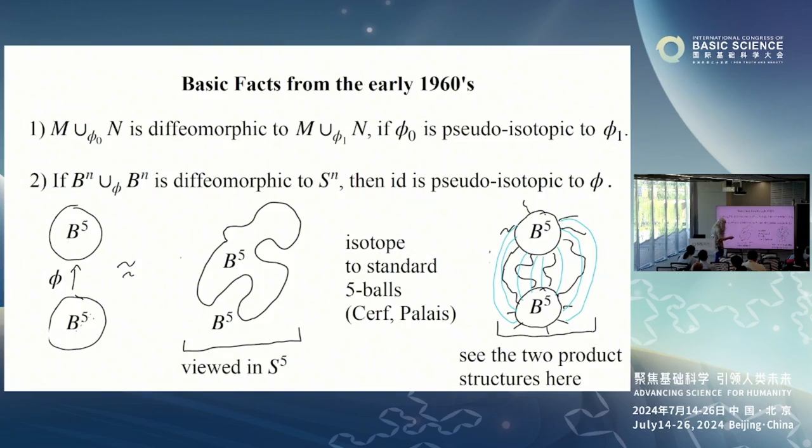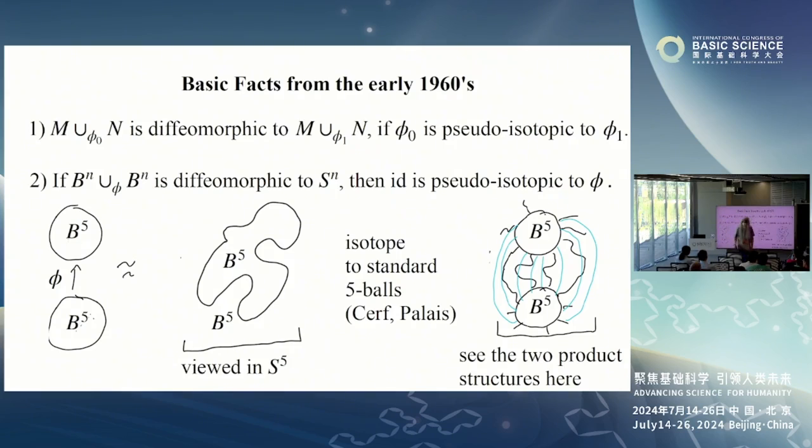So the point is, this 5-ball on the bottom, you could just isotope back to the standard 5-ball, and the one on the other side to the other standard 5-ball. And if you have two standard 5-balls, what's between them is S4 cross I. But on the other hand, in the process of isotoping these things to be standard, you might see another product structure.